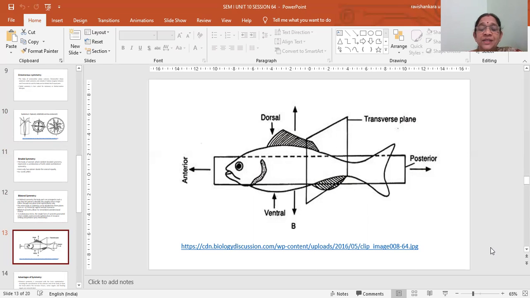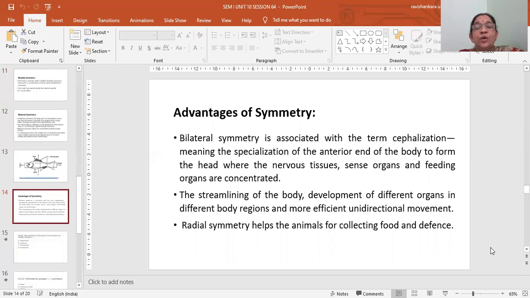So we get a transverse section, but there is arrangement of all the organs of the body into two sides, lateral sides, right and left. So that line which divides the animal is the anterior posterior axis, and this can be seen in chordates.